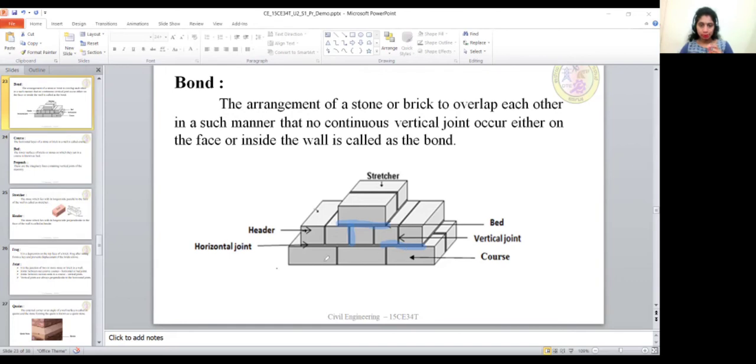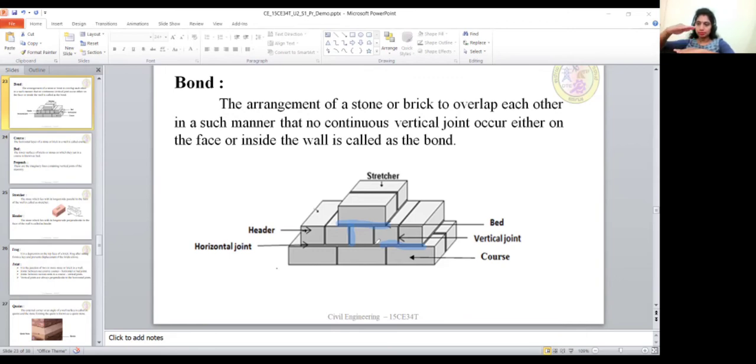The joints between successive courses, I have already explained, course is a horizontal layer. So one horizontal layer and another horizontal layer, if they are meeting at a point, then this is called horizontal or bed joints.